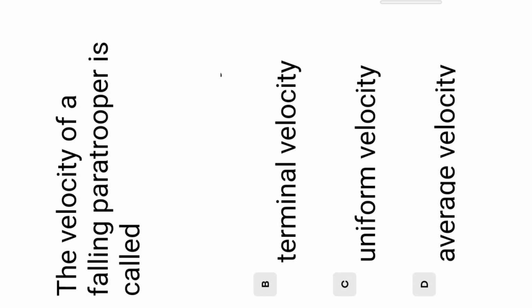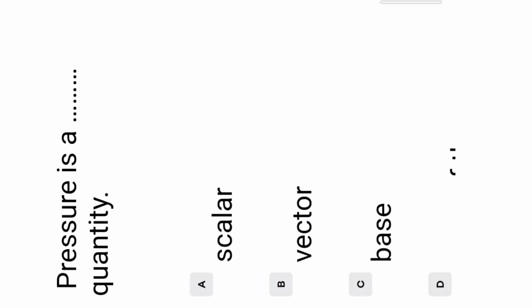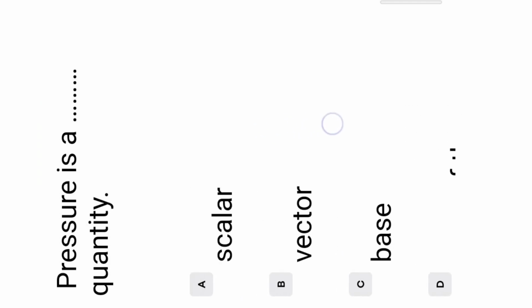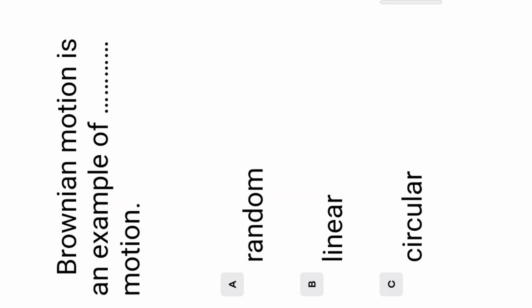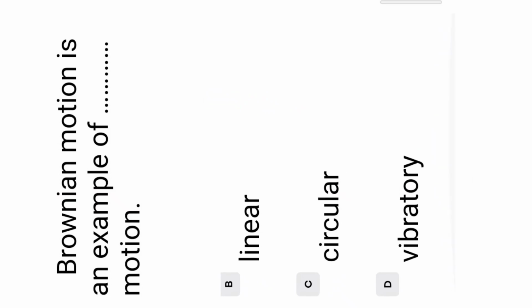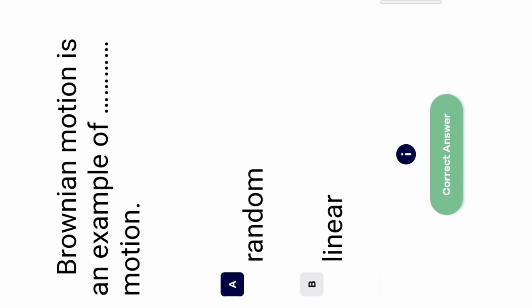It is terminal velocity, so we take B. Pressure is a quantity, A scalar, B vector, C base, D none of these. It is a scalar quantity, so we take A. Brownian motion is an example of motion, A random, B linear, C circular, D vibratory. It is a random motion, so we take A.